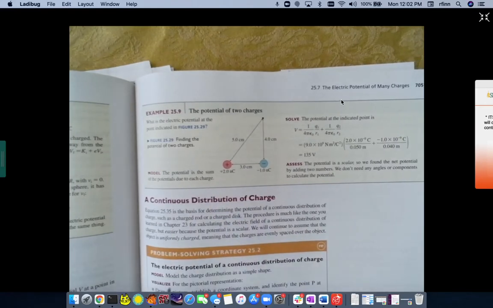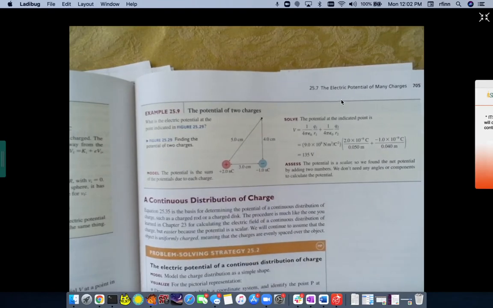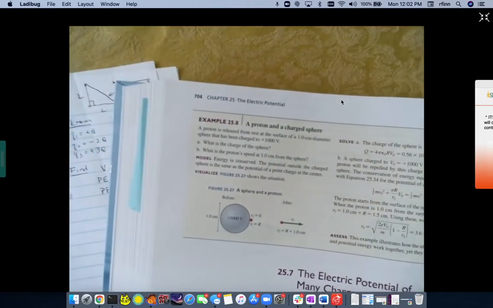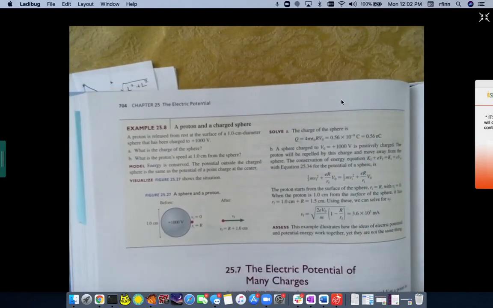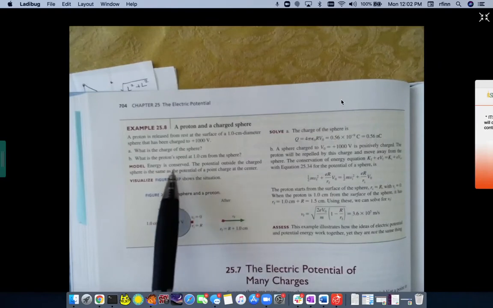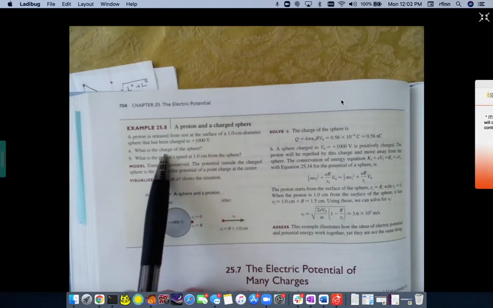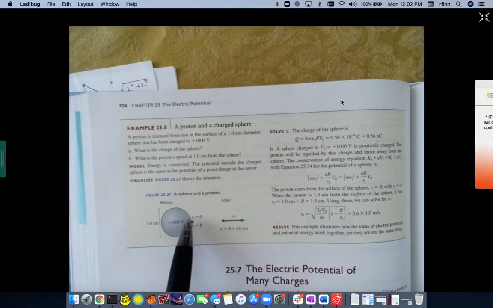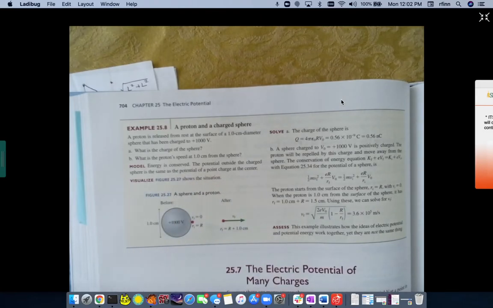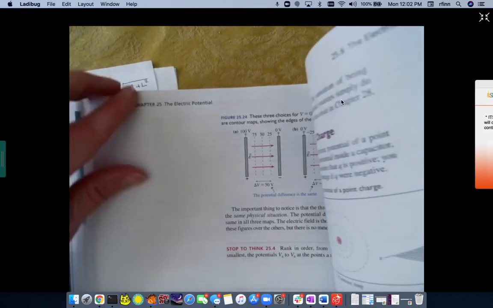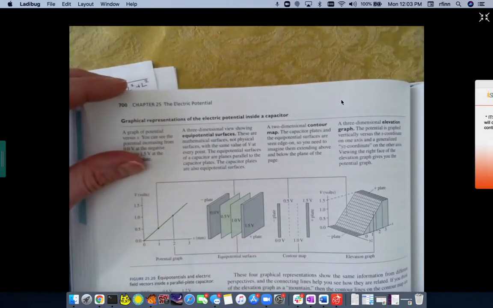If you're having trouble sometimes figuring out the charges or the models, here's another one from the book, like whiteboard problem 25.2, where a proton is released near a positive charge and moves away, and you need to find its energy at some other point. Here the model is conservation of energy.